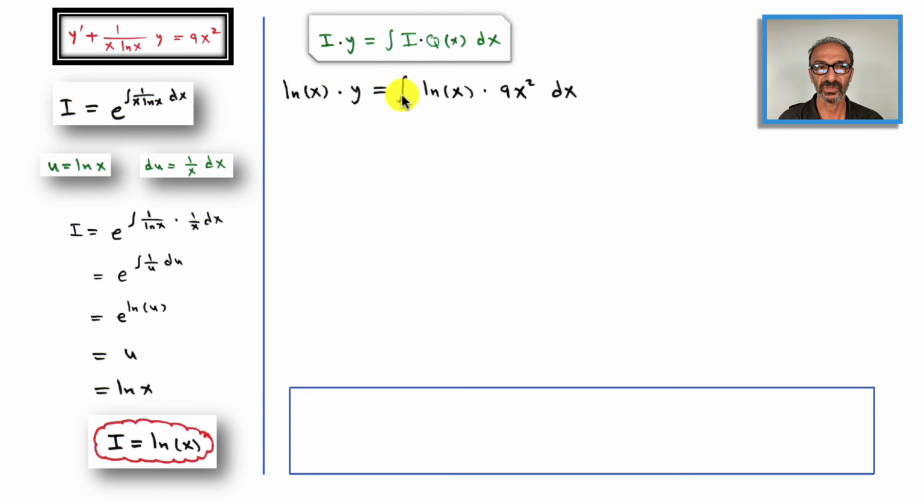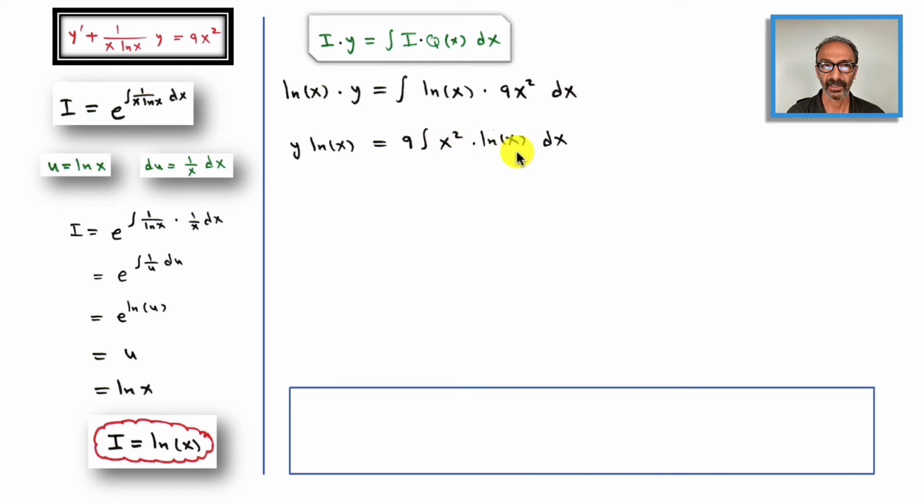Let's take 9 outside the integral, and let's write y up front. So y ln x equals 9 times the integral of x squared ln x dx. Now we need to handle this integral, and the way to do it is we're going to use integration by parts. u equals ln x, and dv is x squared dx.